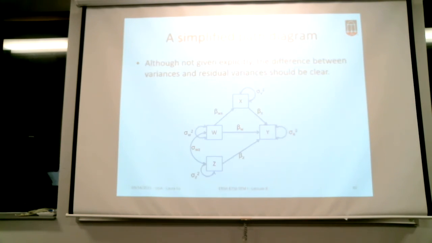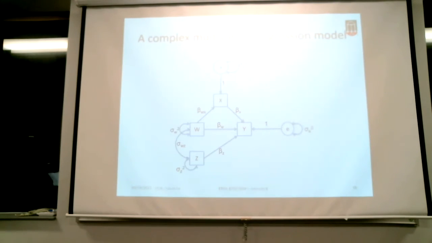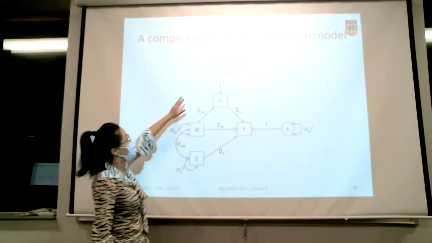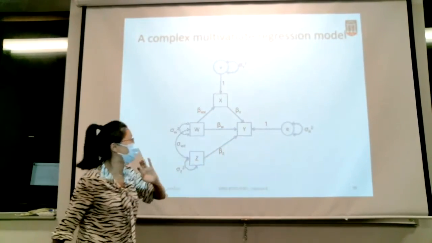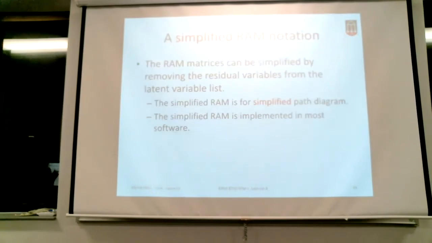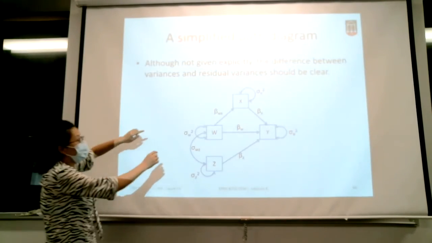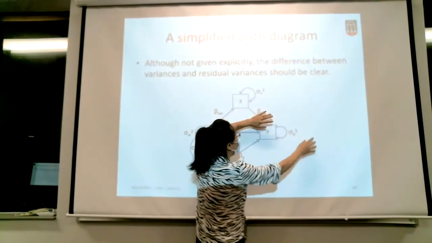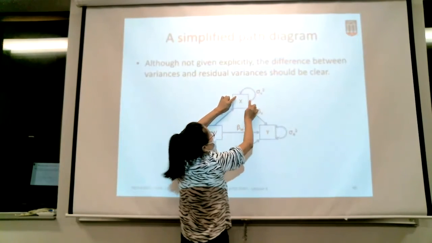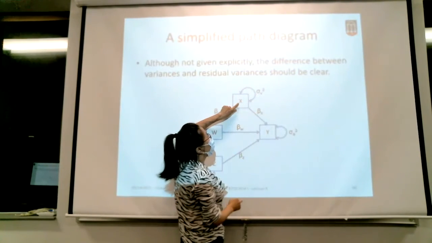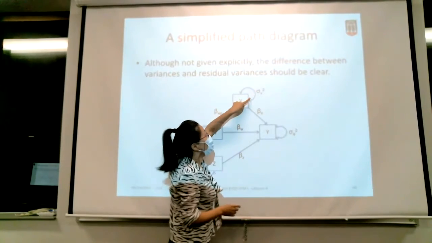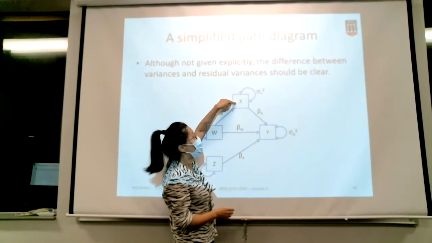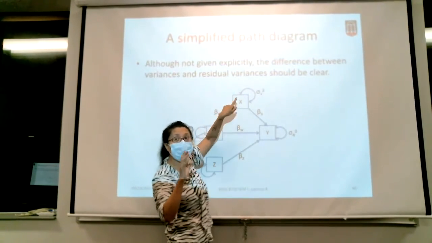In the previous example, we have the four path diagram here. But if we ignore the residual part, this is a measurement error part, and this is also a measurement error part. If you use this way, I deleted the V and I deleted the E part, but I put a double-headed arrow here around X. This means this variance is a residual of X, not the variance of X itself.